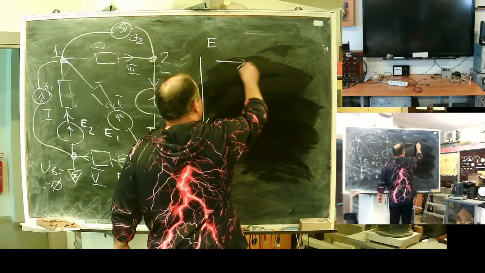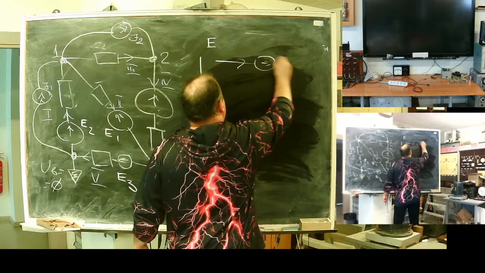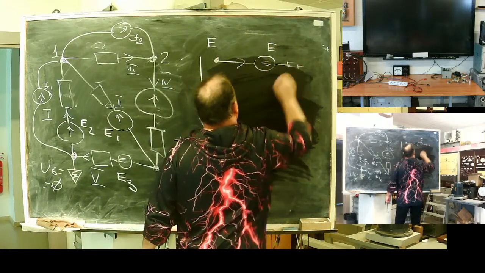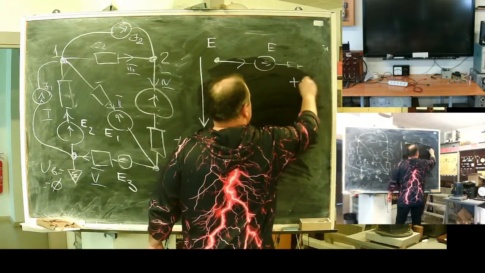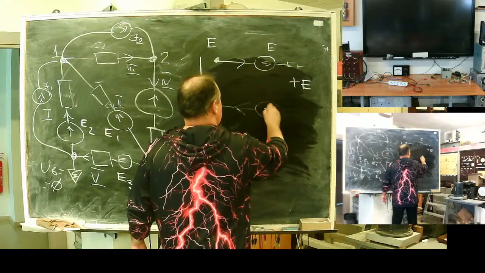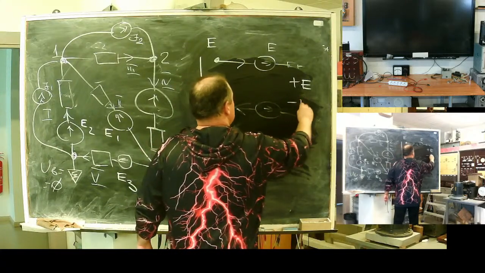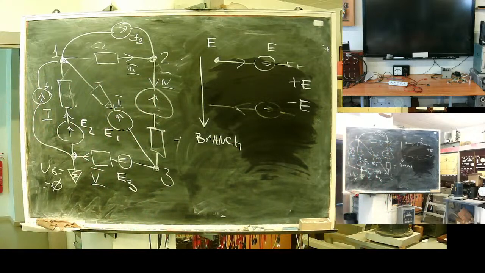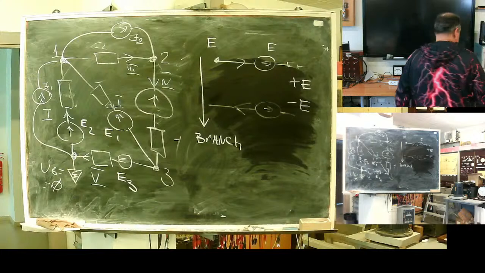If the EMF is in the branch direction, write it with the plus sign. If it goes in the opposite direction, write it with the minus sign. Just put them in a simple table.